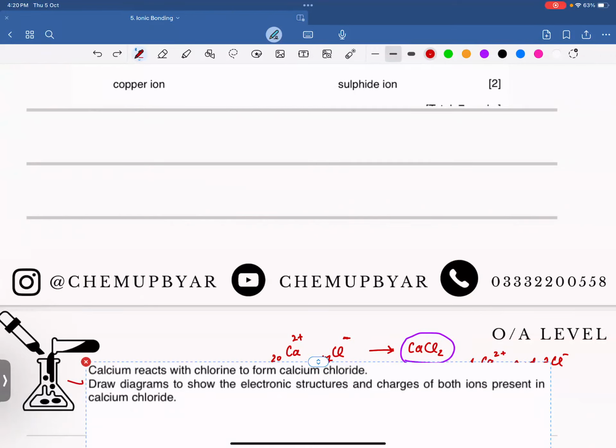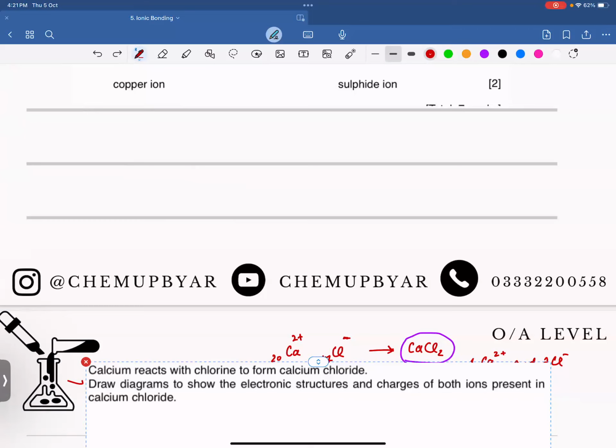There is calcium, so put the Ca in the middle. And what is the charge over here? Is it minus 2 or plus 2? It lost 2 electrons, so it must have a plus 2 charge. Chlorine has a minus 1 charge, right?